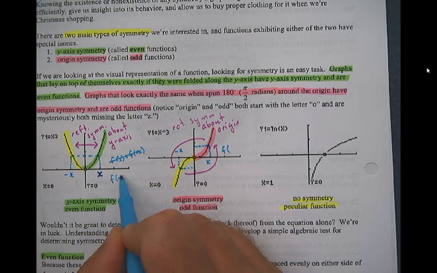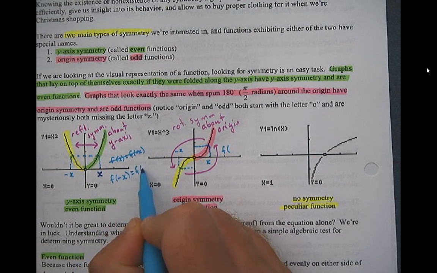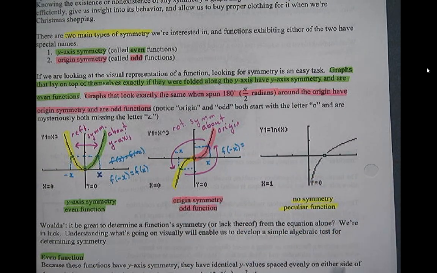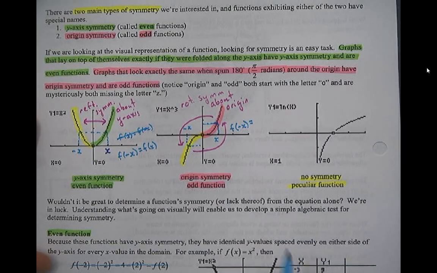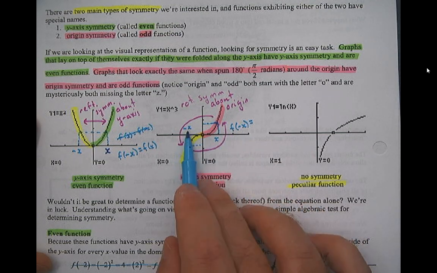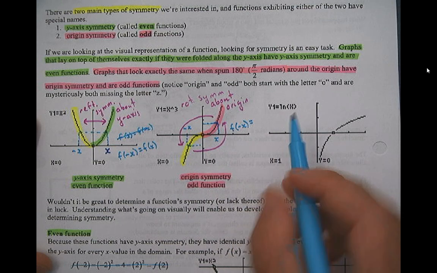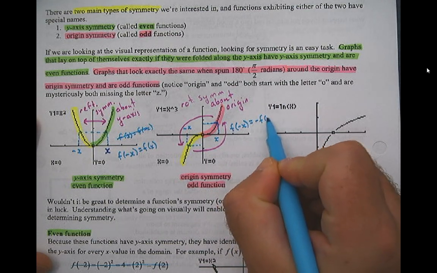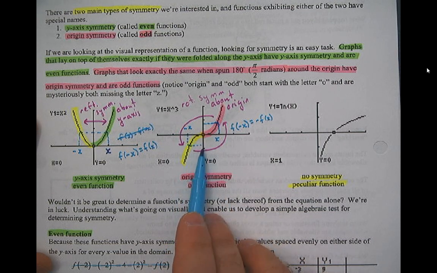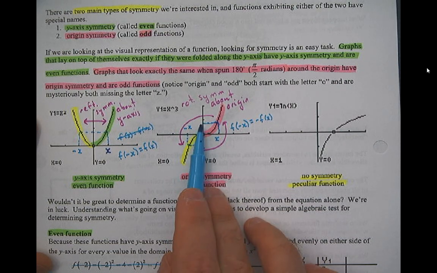You always plug in a negative x, and what you get out tells you if you have an odd or an even. When I plug in f of negative x, it is exactly the opposite of f of x. Say this is 0.75, this is negative 0.75.